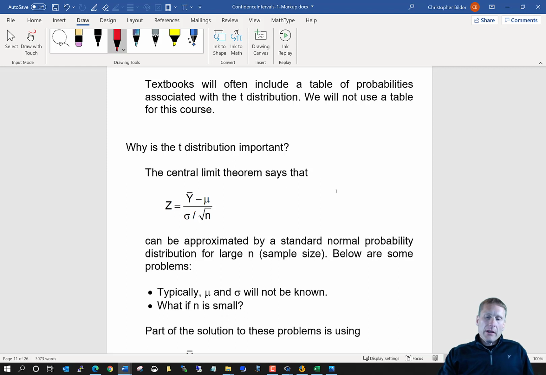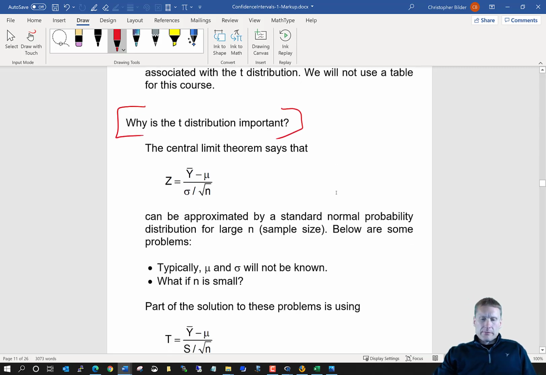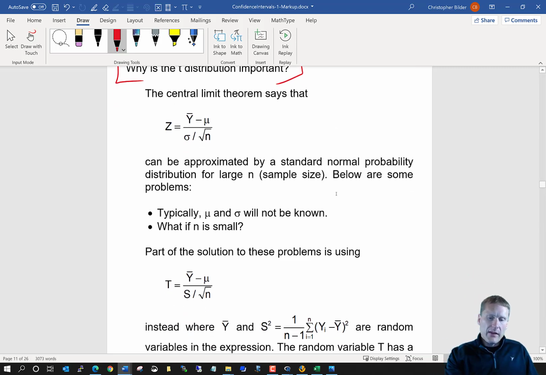Okay, so why am I spending time now talking about the t-distribution? Note that we're on page 11. Well, let's go back to the central limit theorem. So this Z here has an approximate normal distribution for a large sample size n.